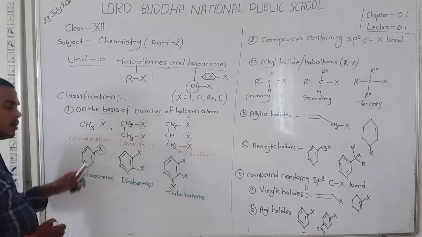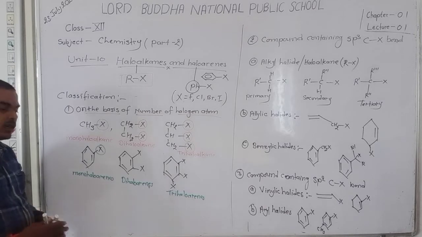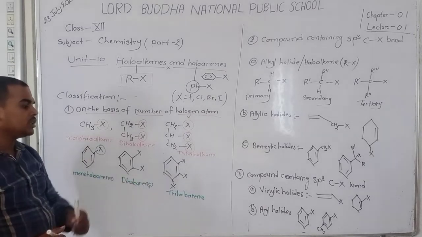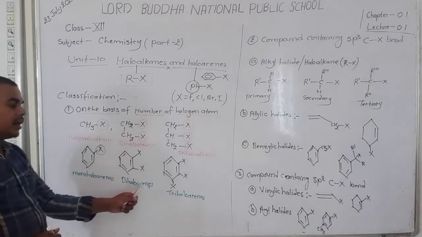For one halogen with a benzene ring, we have monohaloarenes. For two halogens, dihaloarenes. For three halogens, trihaloarenes.